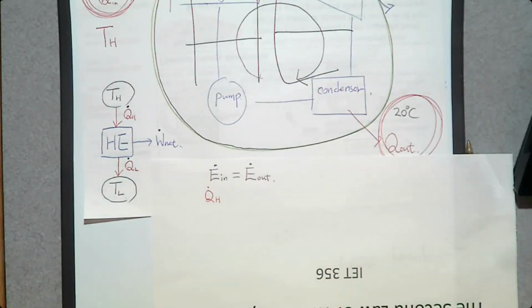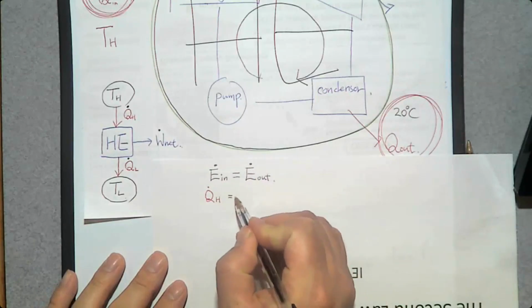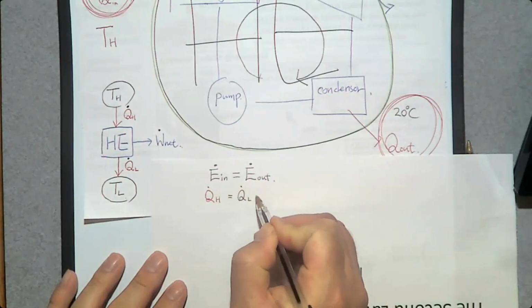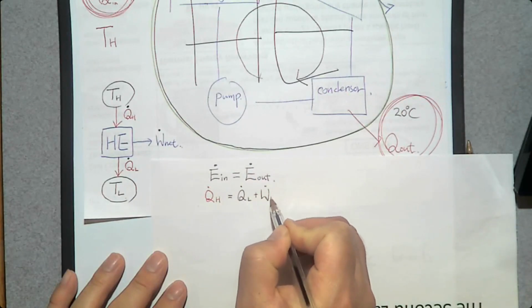Anything else? No, that's it. What about Q dot L? It is energy transfer leaving the heat engine. W dot net is also energy transfer leaving the heat engine. So Q dot H is going to be Q dot L plus W dot net.